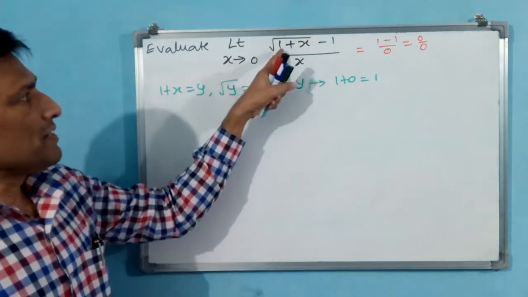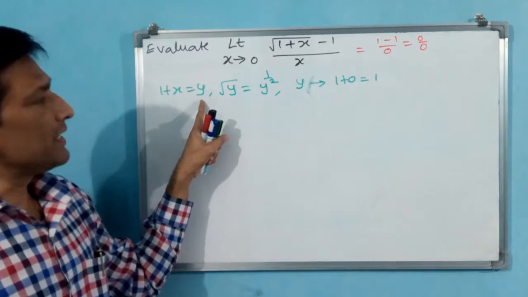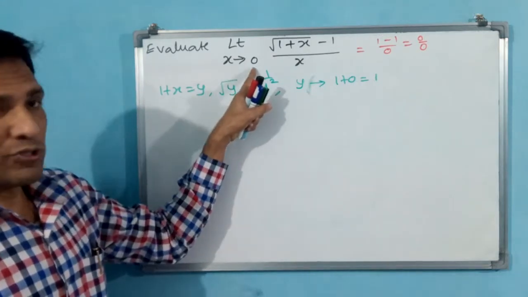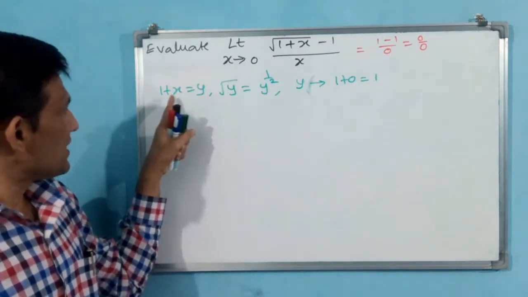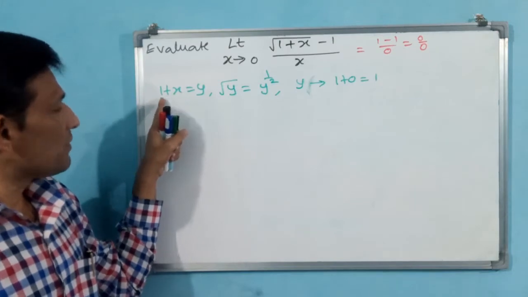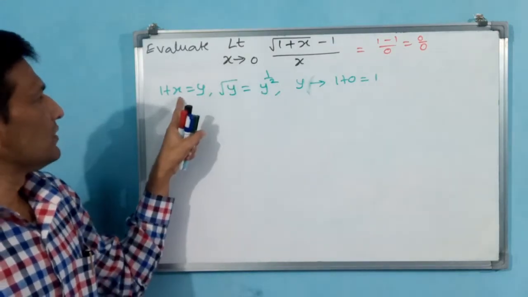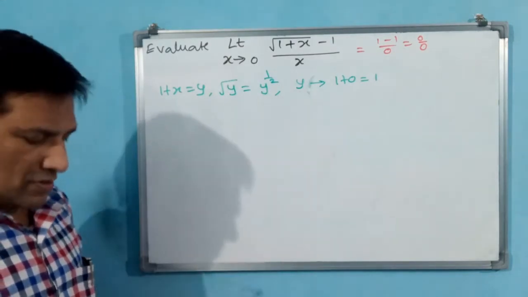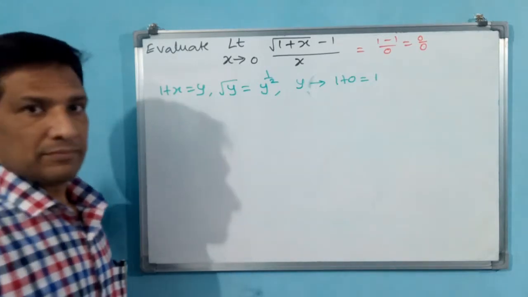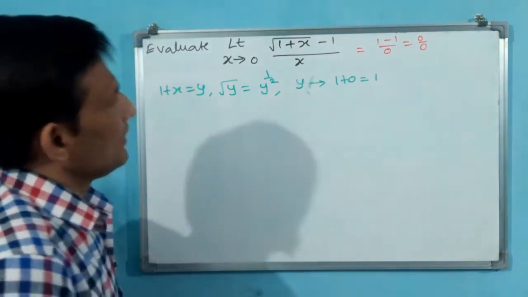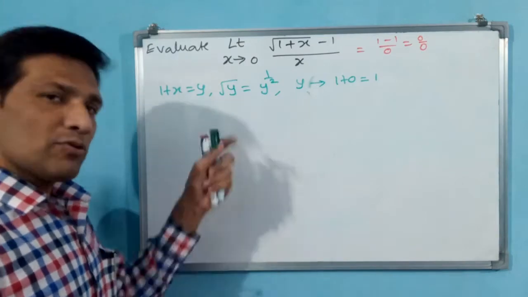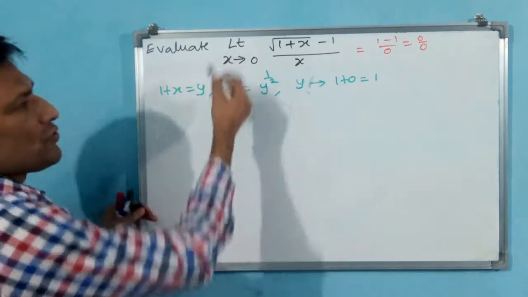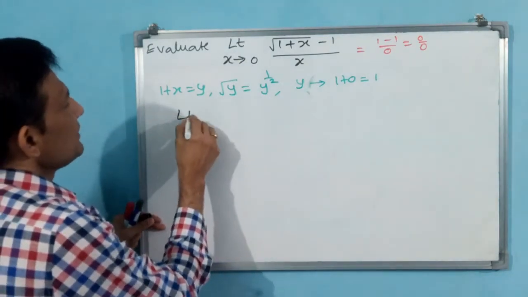See, when 1 plus x is equal to y you have taken, automatically x tends to 0 is going to become y tends to 1. Why? Because x tends to 0, y tends to 1. Okay. Now you substitute. Again you change this limit.